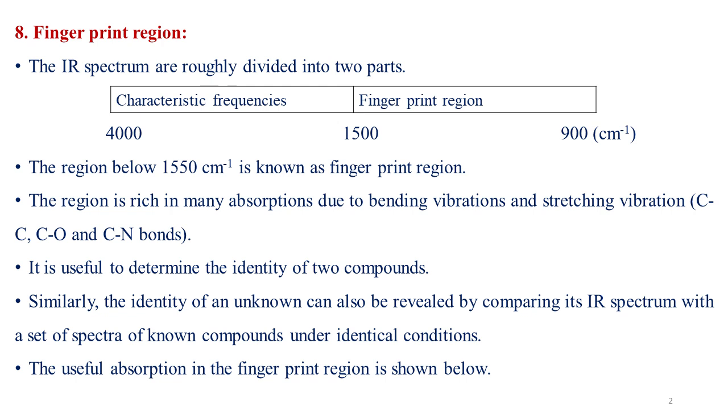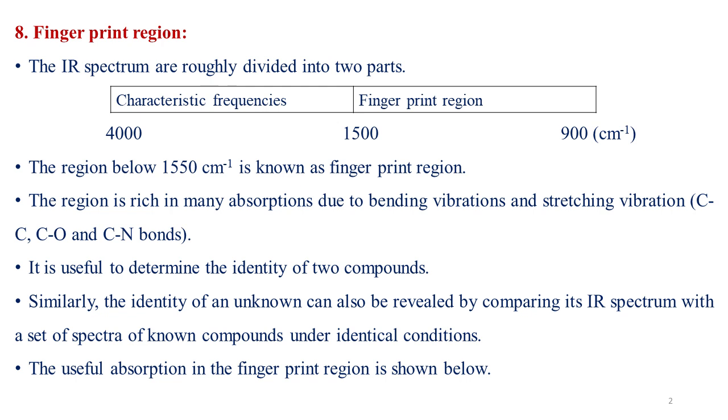It has many absorptions due to bending vibrations and also stretching vibrations of C-C, C-O, and C-N bonds. So it is used to determine the identity of compounds. Similarly, the identity of an unknown compound can be revealed by comparing its IR spectrum with that of the known compound.